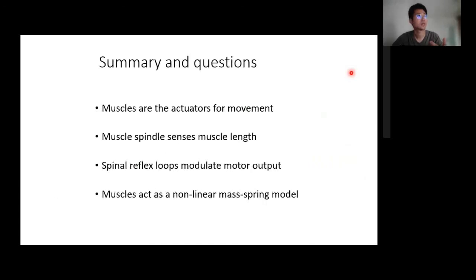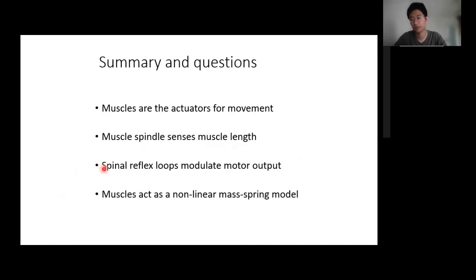Okay, I think we are close to the end, earlier than I had expected. So let me shortly summarize what we have learned today. At the beginning, we learned about the muscle structures, and we saw how muscles generate force through muscle fibers and action potentials. Then we looked at the sensory part, the muscle spindles, which give you muscle length feedback.